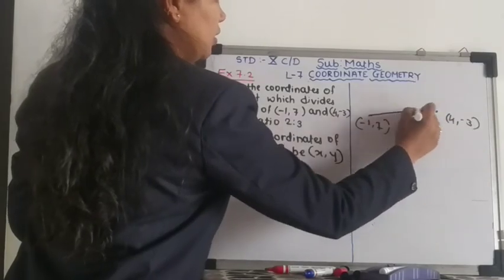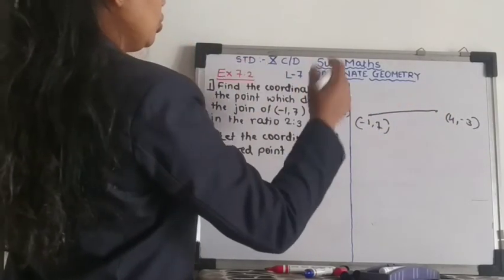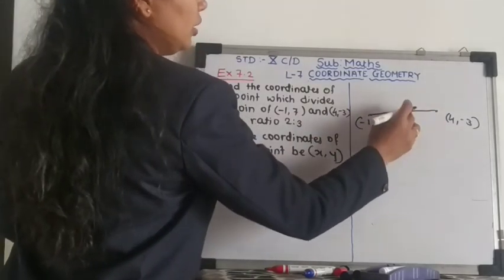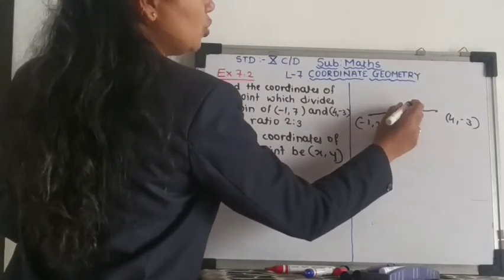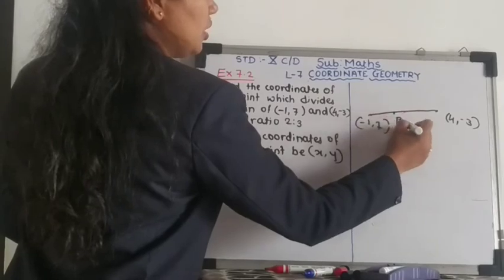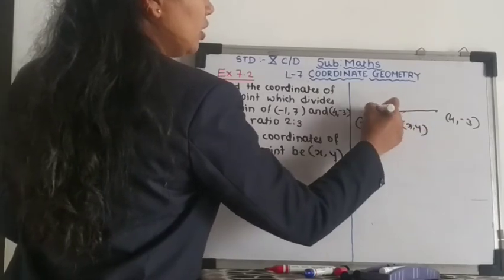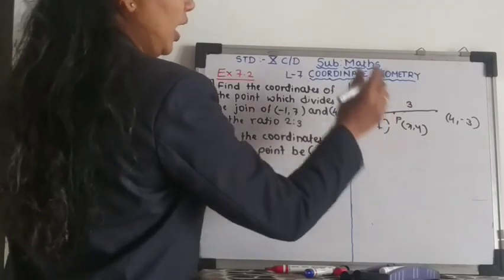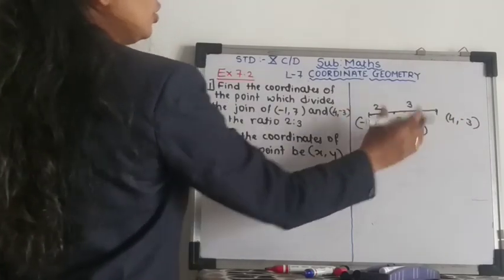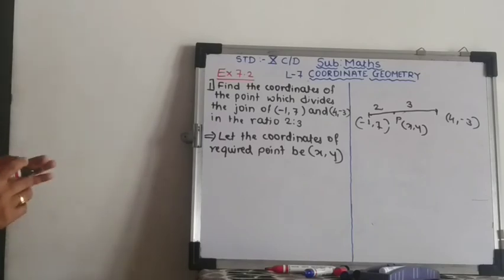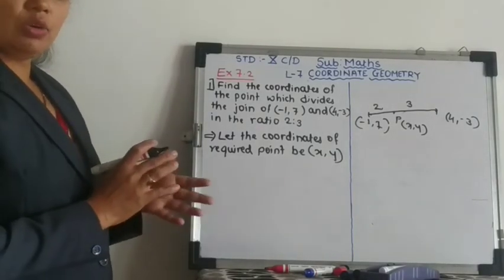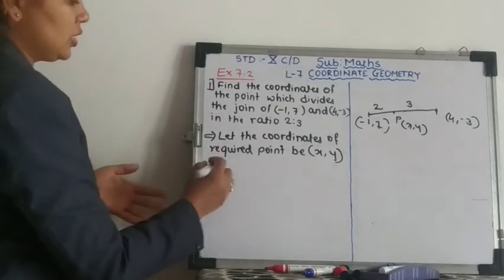This point x, y divides that join in the ratio 2:3. So this P at x, y has ratio 2:3, right? We have to find this point P. So let us find it by the section formula.